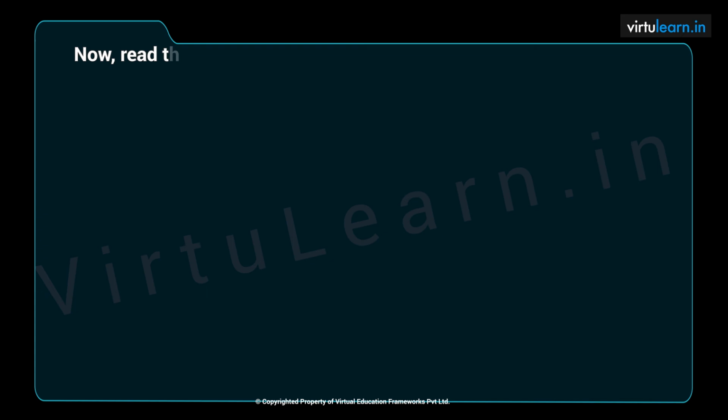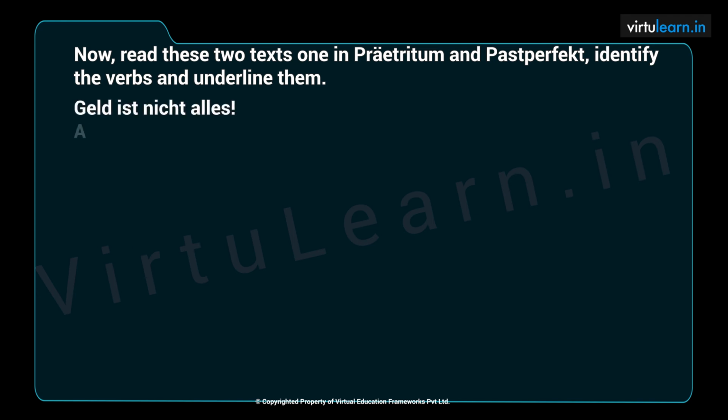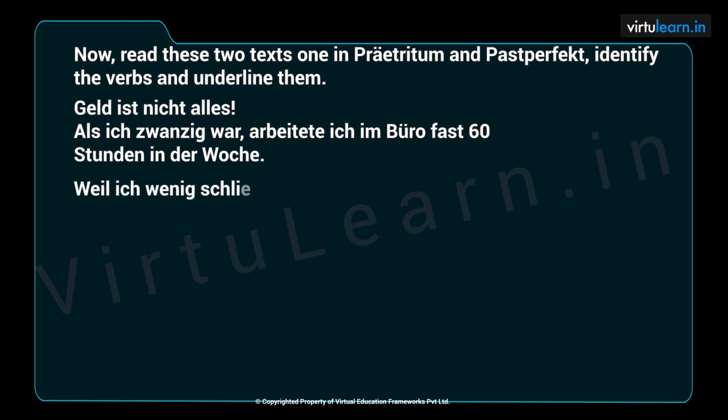Now read these two texts, one in Präteritum and one in perfect. Identify the verbs and underline them. Geld ist nicht alles. Als ich 20 war, arbeitete ich im Büro fast 60 Stunden in der Woche. Weil ich wenig schlief und aß, fiel ich in Ohnmacht.